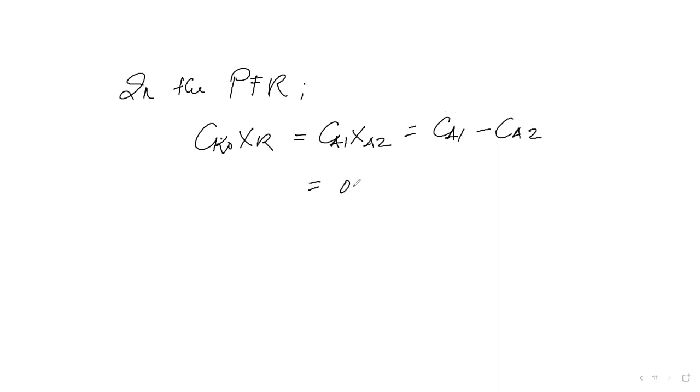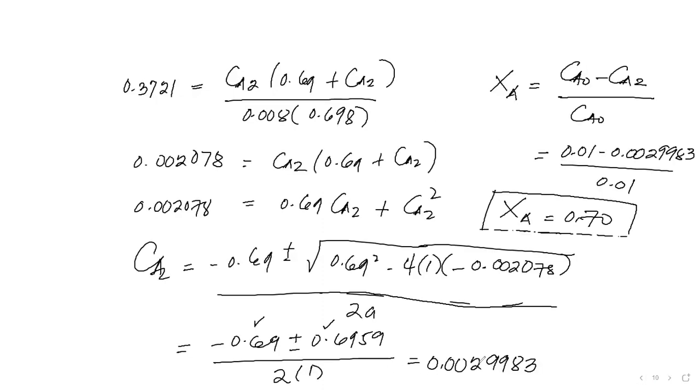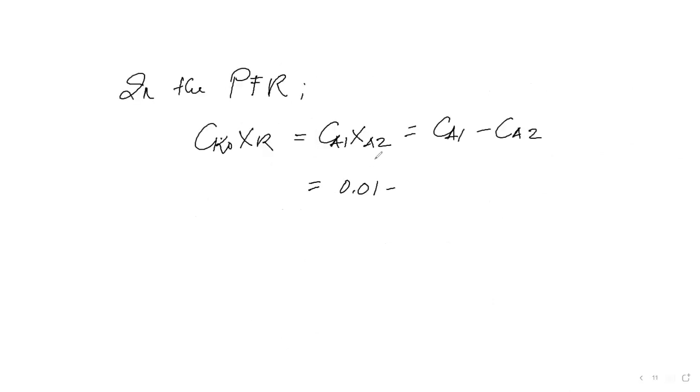So CA1 is 0.01, CA2 is 0.003, rounding it off. So you have a C sub R value of 0.007.